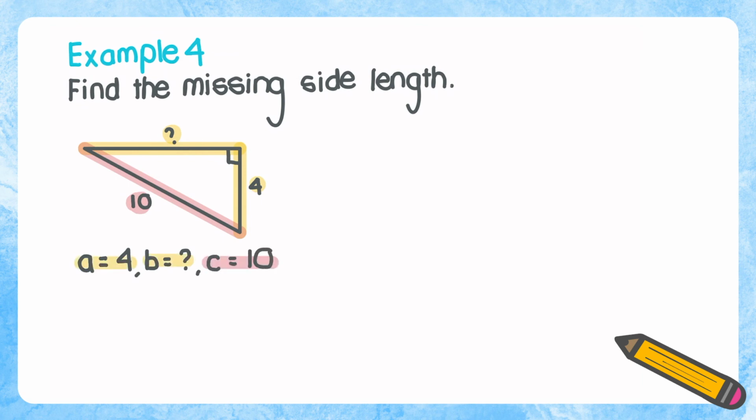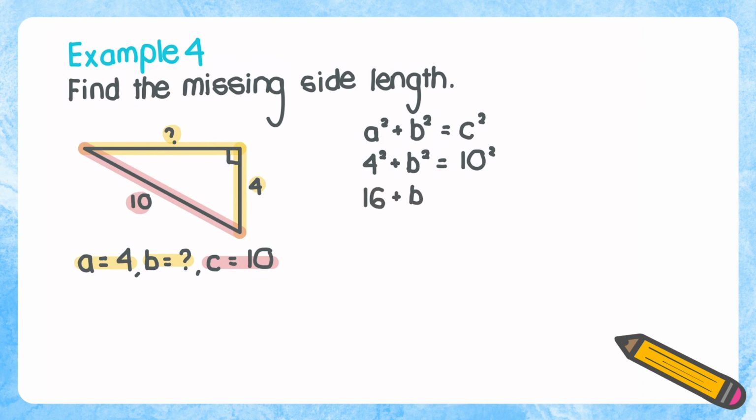So we have to find the missing leg length. Let's use the Pythagorean theorem. a squared plus b squared equals c squared. We know that a equals 4, so we have 4 squared. b is unknown. And c equals 10, so 10 squared.